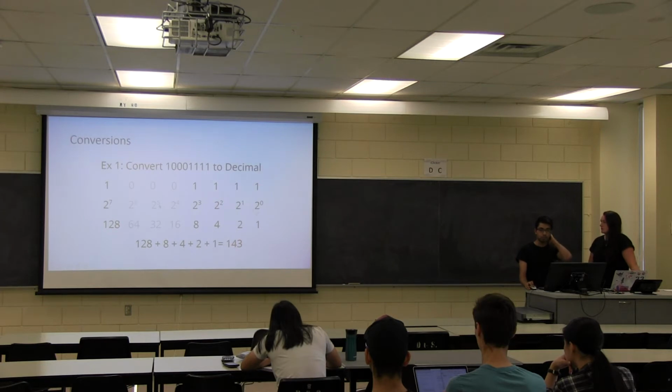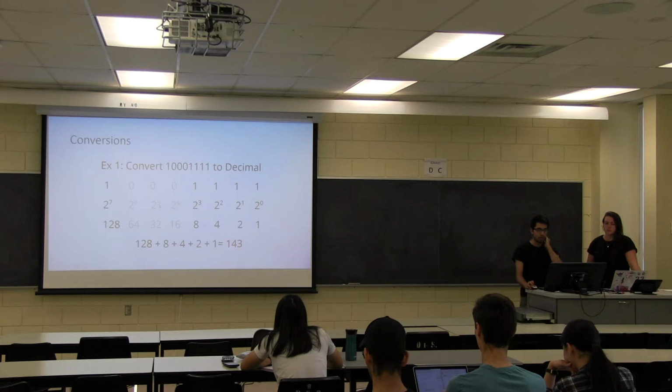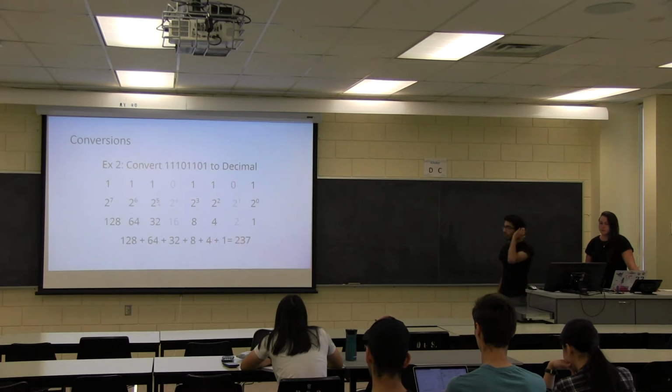My next step would be to look across the first row where my binary number is, and look for all the columns that have the binary digit of 1, and then I would add what those powers of 2 equal. Pretty straightforward.